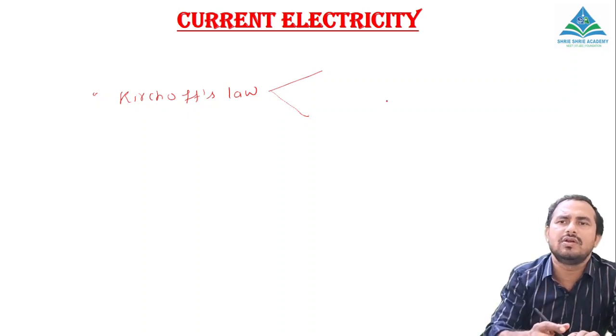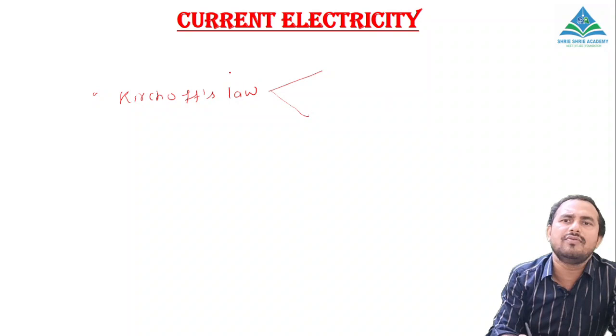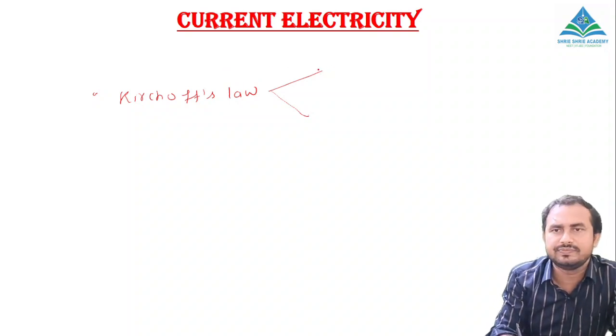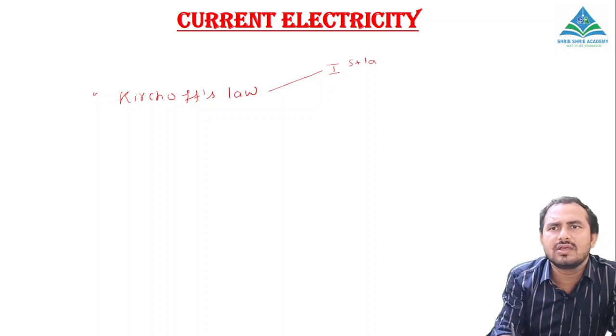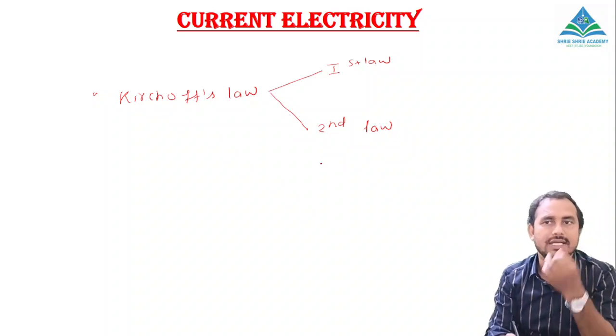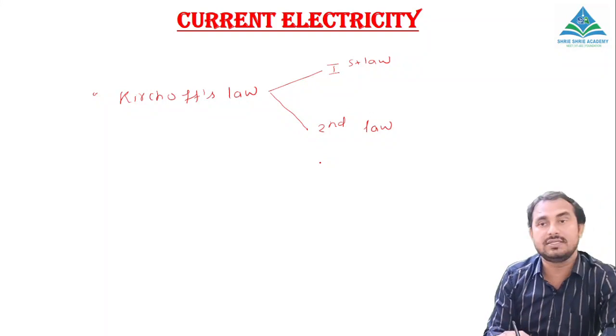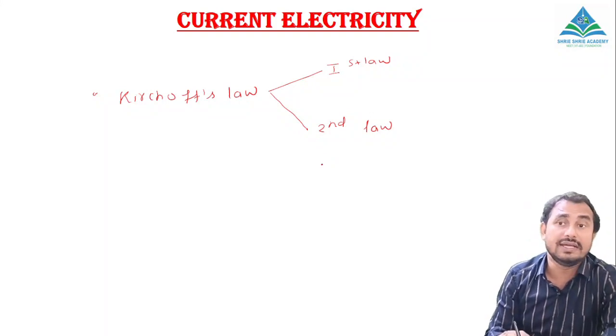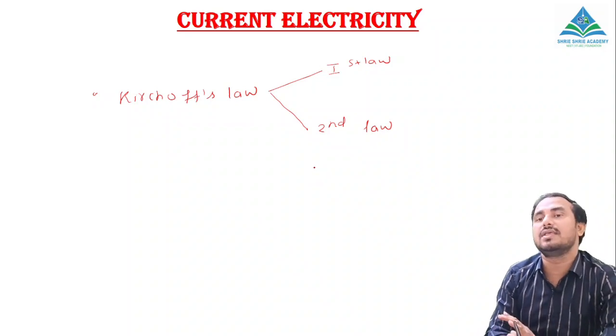Questions on the first law are fewer but very simple. NEET and NTA are not interested in asking very difficult questions, so my suggestion is never to go for very difficult questions.